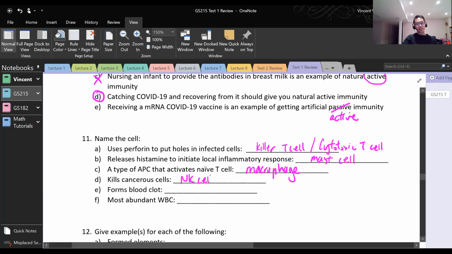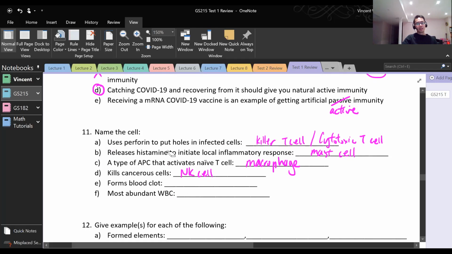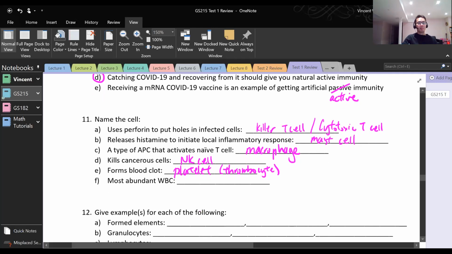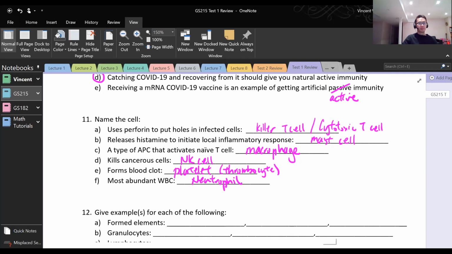That's the NK cell. Forms blood clot. That would be platelets, or the fancy word, thrombocytes, right? In case you see it, that's what it means. You don't have to Google it on the spot. Most abundant WBC, that's the neutrophil. That's it.